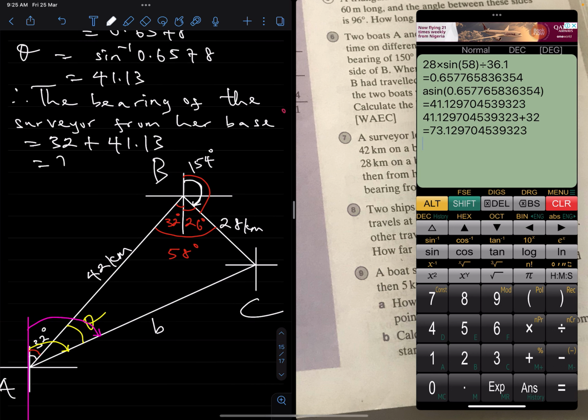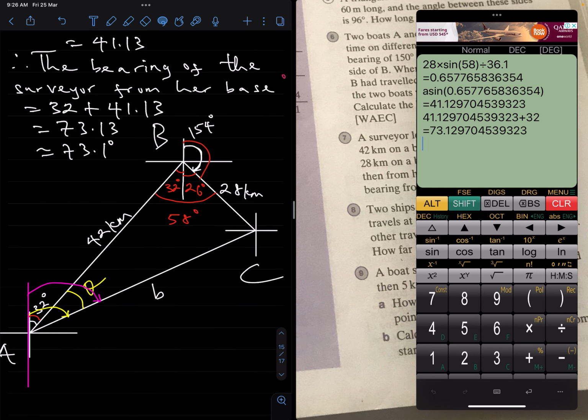And that's 73.13, which is approximately 73.1 degrees. Because they said we should give bearings and angles correct to 0.1 degrees.